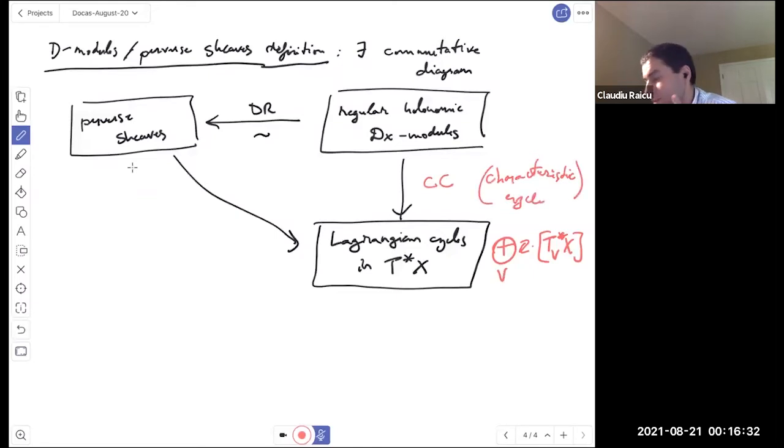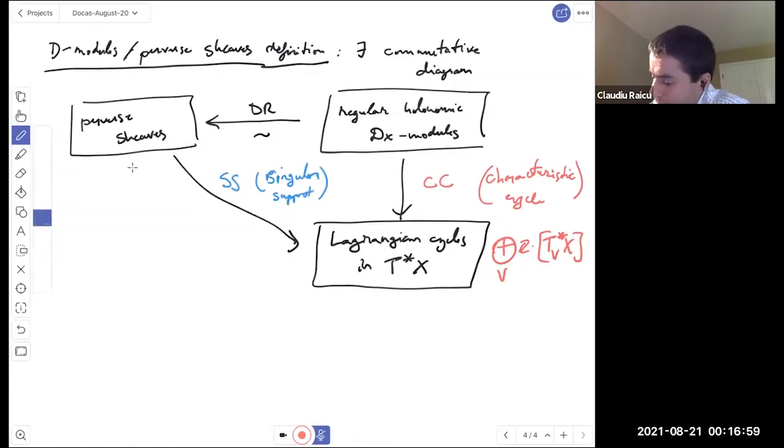These two names, characteristic cycle and singular support, are used interchangeably, so I guess I'll use characteristic cycle for the D-modules and singular support for the perverse sheaves. Okay, so we have a commutative diagram like that.